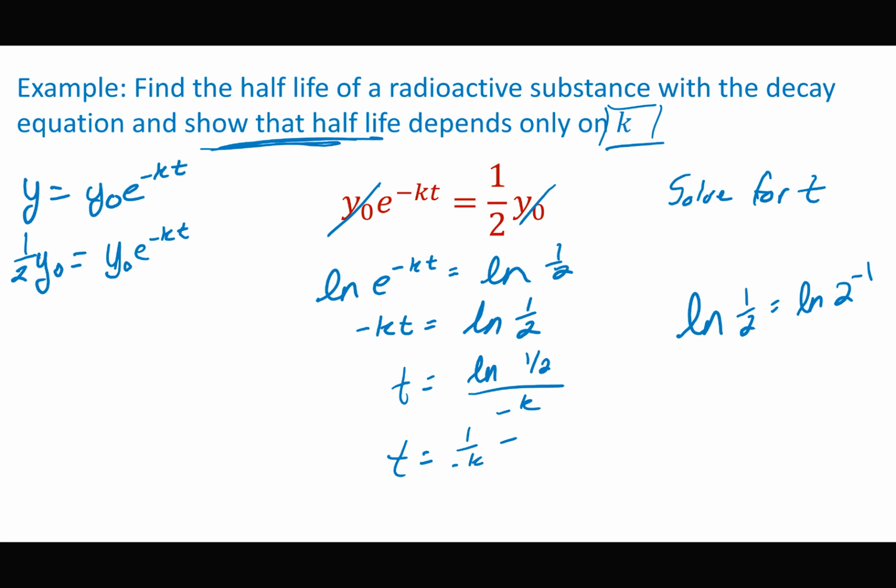Taking natural log of 2 to the negative first is the same as a negative natural log of 2. So I have 1 over a negative k times a negative natural log of 2. A negative times a negative becomes positive, so it becomes natural log of 2 all over k.